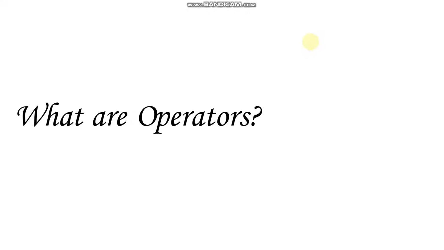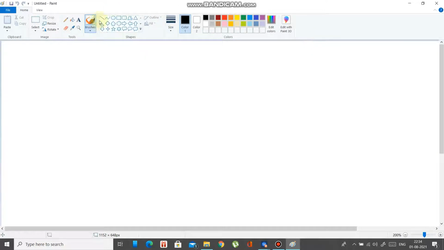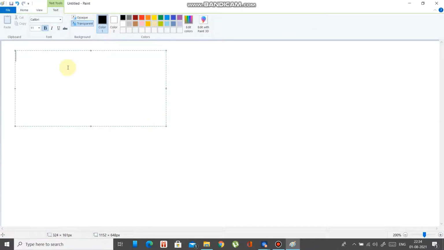So let's open Paint. The first one is arithmetic operator.